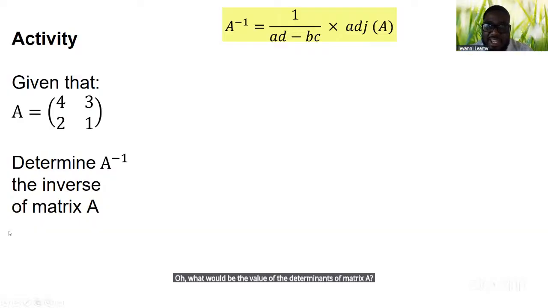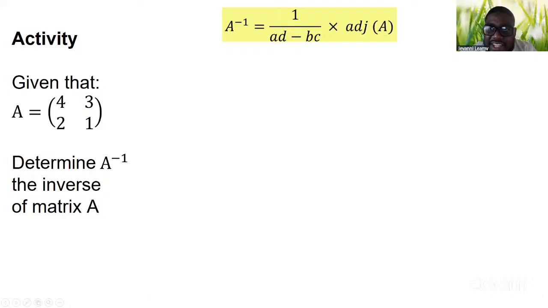AD minus BC, 1 all over AD minus BC, the reciprocal of the determinant of A. What would be my determinant for matrix A? Any takers on that?